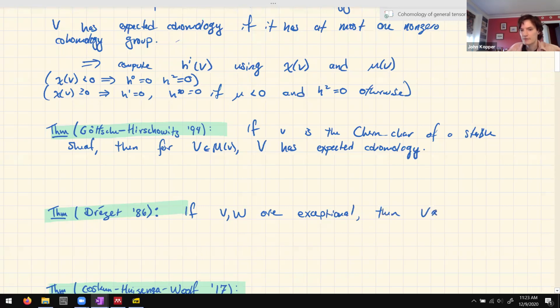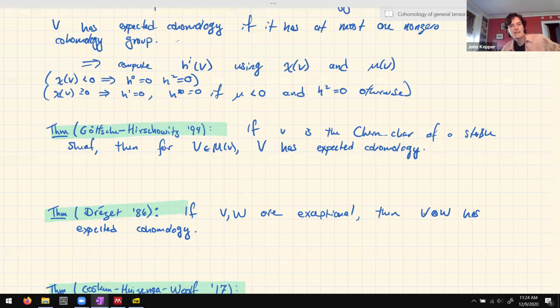Then V tensor W has expected cohomology. Here, of course, it doesn't make sense to talk about a general element of their moduli spaces, because when I have exceptional bundles, the moduli space is just a single point. And so this is just true for exceptional bundles in the greatest generality you could hope for.